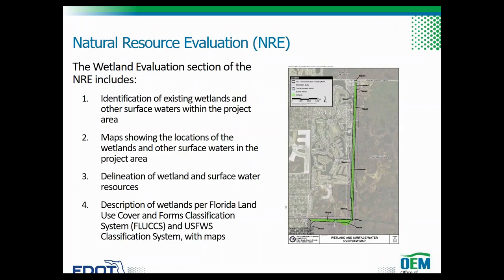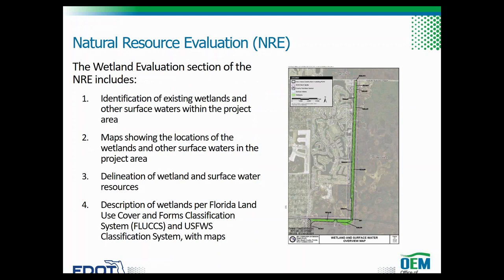The wetland evaluation section of the NRE should include a brief introduction with applicable laws and agencies with jurisdiction, a discussion of the methodology used for wetland determination, and the following other elements. 1. The identification of existing wetlands and other surface waters within the project area. 2.